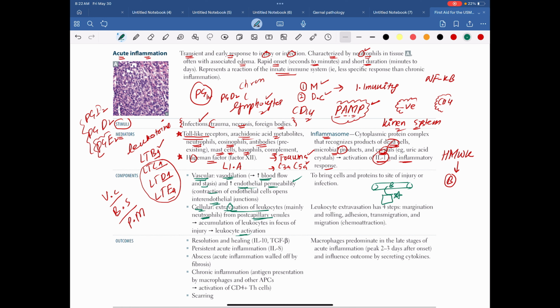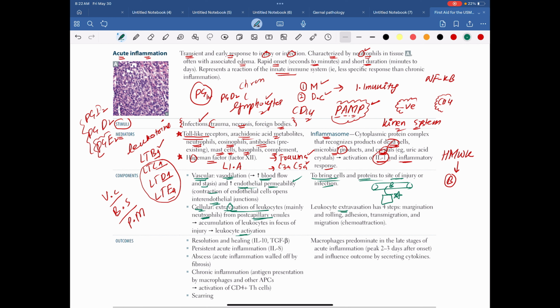Then after that, they mention here what is the main function of the vascular and cellular components of inflammation. Basically, they bring cells and proteins to the site of injury or infection. Then they mention here that leukocytes will come through steps, as I already mentioned. Normally the neutrophils are present in the blood vessel.